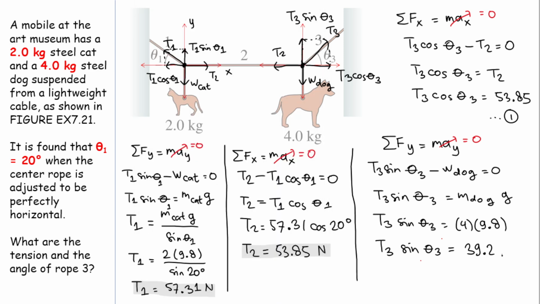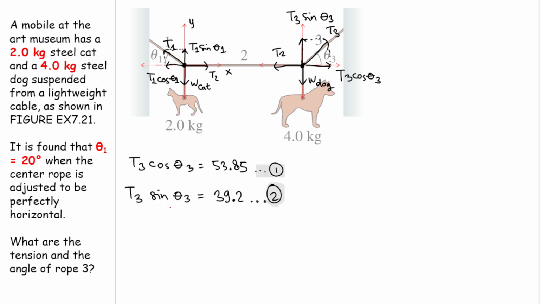Let's save this as equation number 2. Okay, so now I want to skip equation number 1 and equation number 2, and I think we need to clean up our slide and work on that.